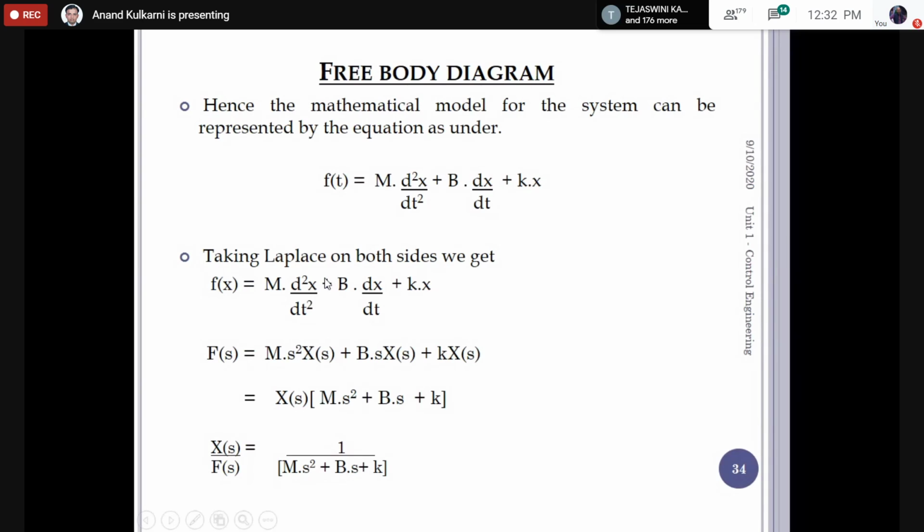X may be replaced depending on the case: for displacement we call it x, if it is flow, we call it flow rate, if it is temperature, we call it theta. So temperature or flow rate is dependent on time. The output function is always dependent on time. It has to be dependent on time.